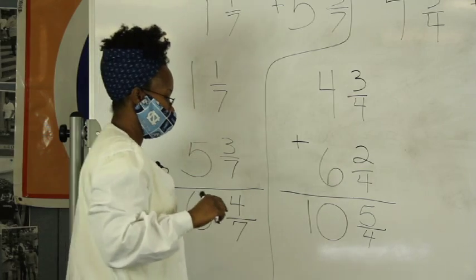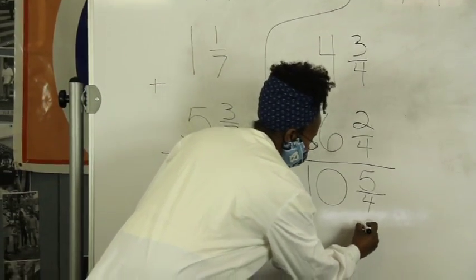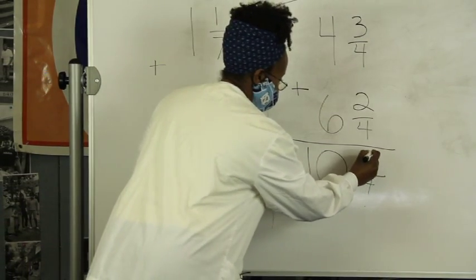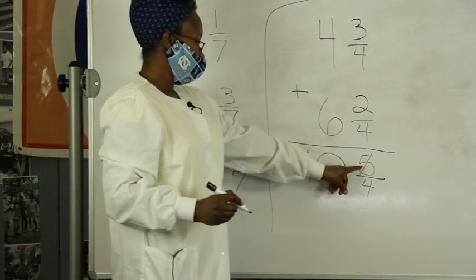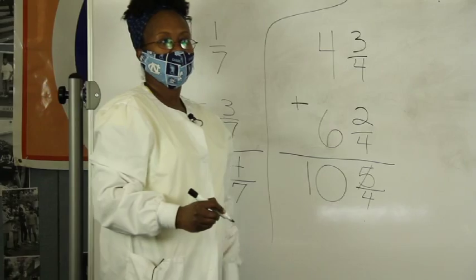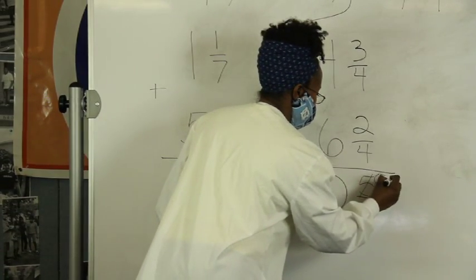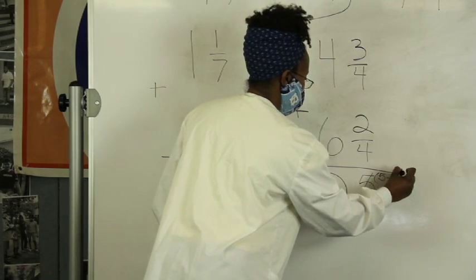So this is what I'm going to do. I'm going to mark this out. 5 minus 4 is how much? So right here, 5 minus 4, what's left over? 1.